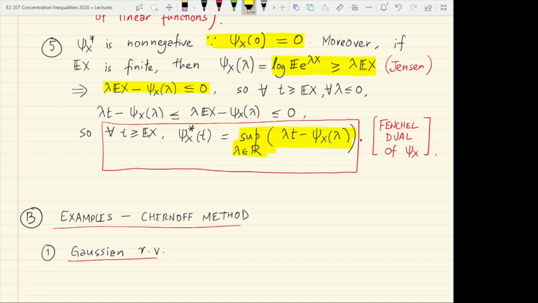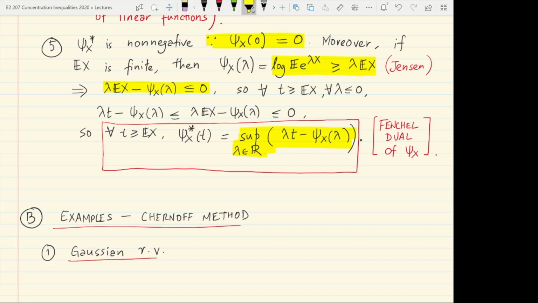So Cx and Cx star enjoy some very nice duality properties. Okay, there is a whole rich theory of duality built on these foundations of functions and their Fenchel-Legendre duals. So the Kramer transform is essentially the Fenchel dual function of Cx, is what we've shown here.